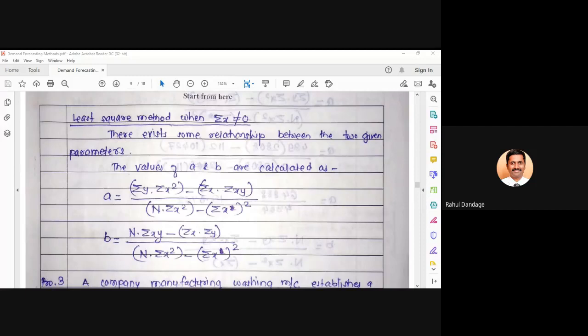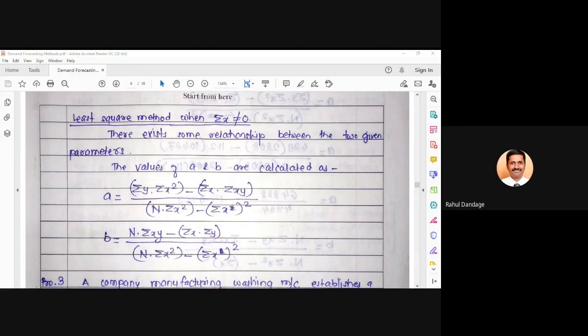These formulae are in terms of sigma y, sigma x square, sigma x, sigma xy, n into sigma x square, sigma x whole square, etc. So ultimately, again, we should have some x and y. We should be able to get sigma x, sigma y, sigma x square, sigma xy. These values we should calculate, and then we can get the value for forecasting.